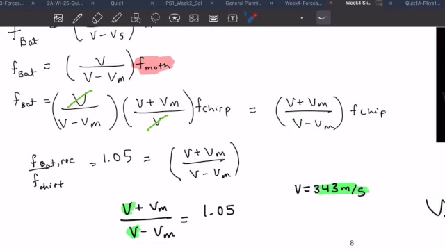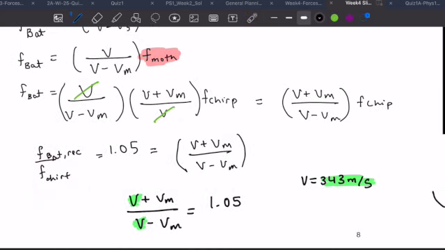The ratio between what the bat hears versus what the bat has chirped out is 5% higher. Pretty much what the bat is receiving is 5% higher. The way we show 5% higher is just 1 plus 0.05, and that gives us 1.05. Basically, if something's 5% higher than its original value, it gets multiplied by 1.05.